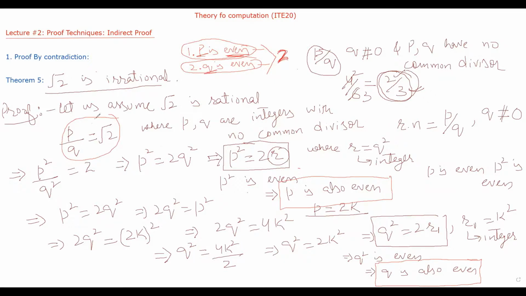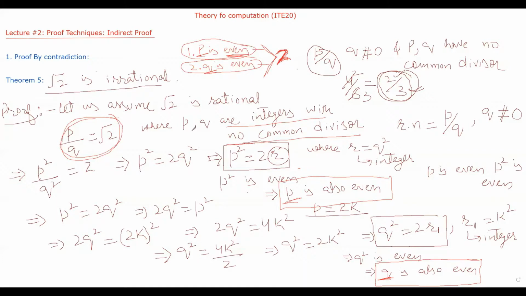But here we are saying that P and Q are integers with no common divisor. But we reach the conclusion that both P and Q are even. So if they are even, that means they will have a common divisor, and at least that common divisor will be 2.